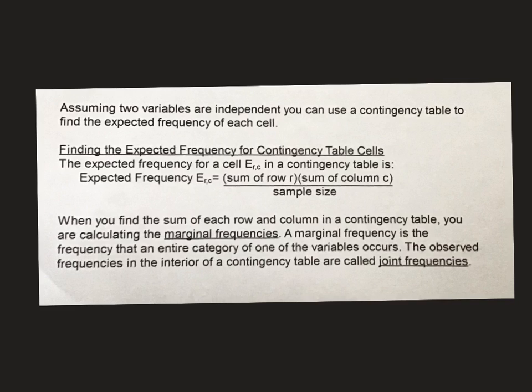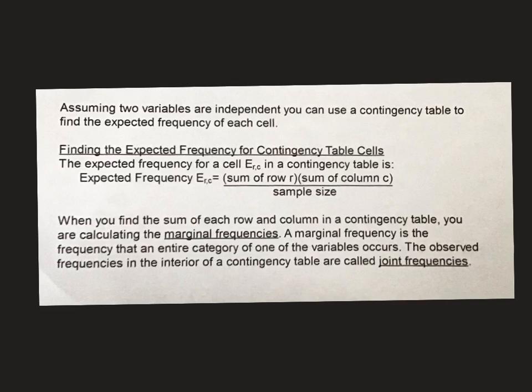So if we have 2 variables and we can assume they're independent, we could use a contingency table to find expected frequencies for each cell. In order to find the expected frequency, you multiply the sum of the row times the sum of the column, divided by the sample size.